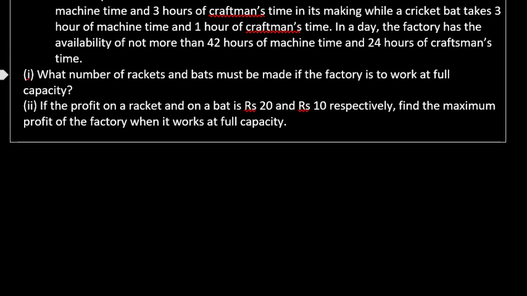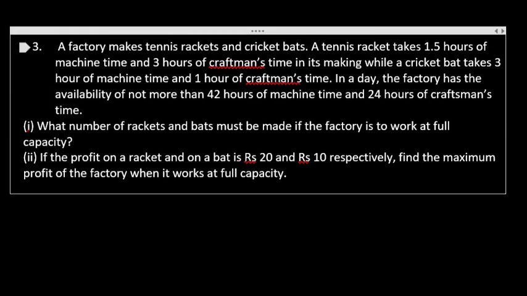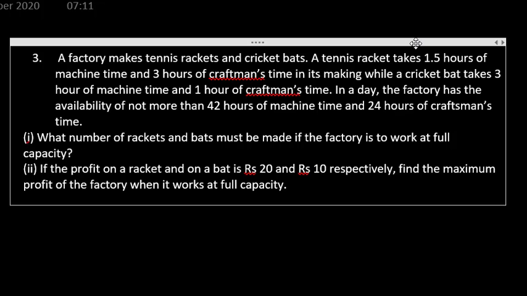A factory makes tennis rackets and cricket bats. So two items a factory is making: tennis racket and cricket bat. A tennis racket takes 1.5 hours of machine time and 3 hours of craftsman time in making, while a cricket bat takes 3 hours of machine and 1 hour of craftsman time.